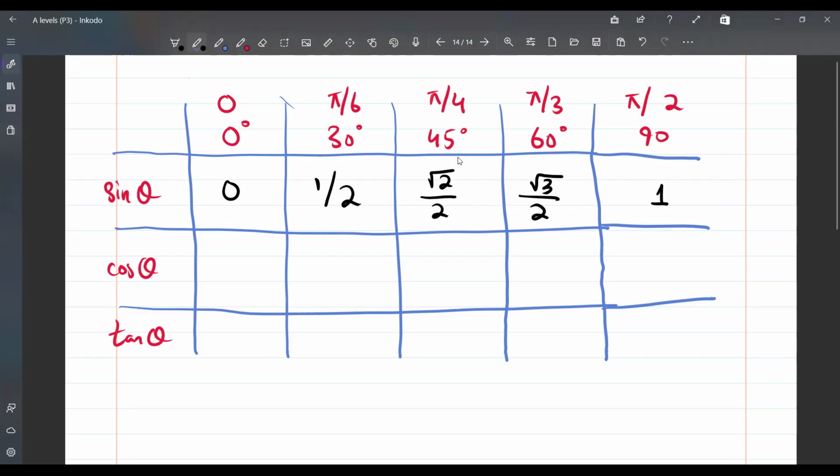There's also a derivation, which I think is not necessary for your syllabus. Just learn these values by heart and you will be good to go.